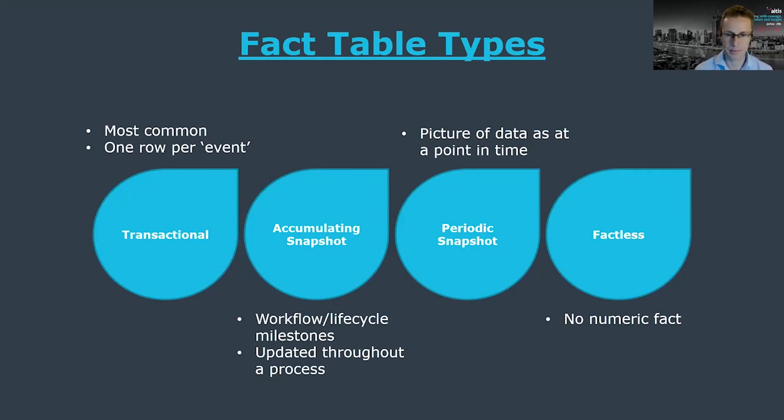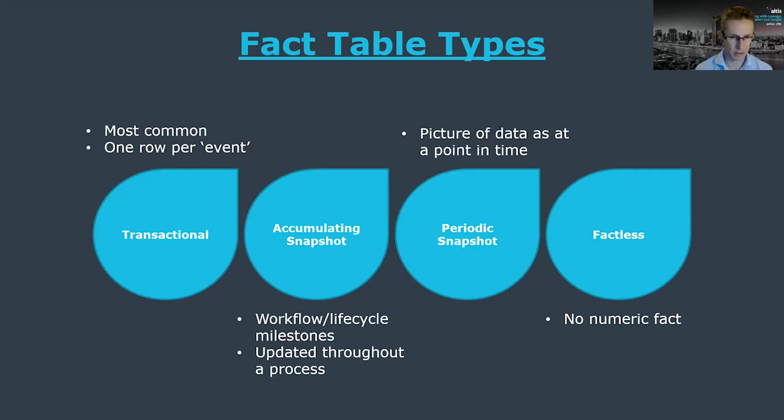Accumulating snapshot fact tables serve a slightly different purpose. If your business process is mapping a workflow or a life cycle where you've got stage gates or milestones along the way, an accumulating snapshot is the best way to handle that, as opposed to our transactional fact table where we're just pushing in new rows all the time that typically don't get updated.